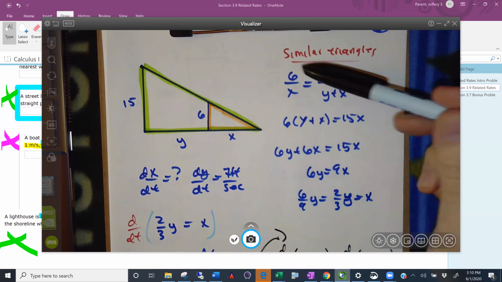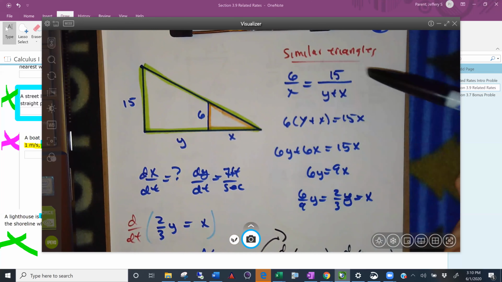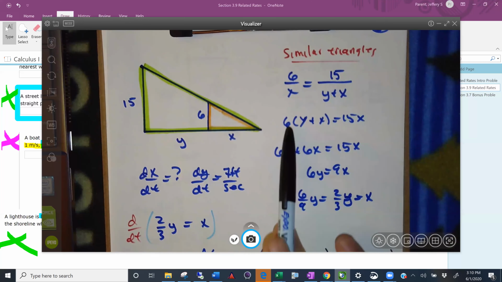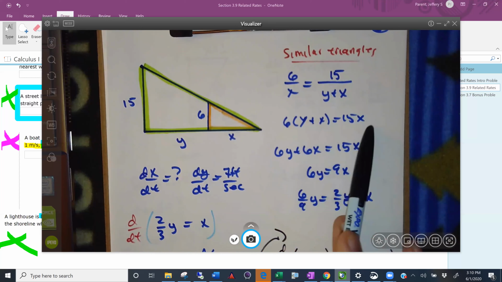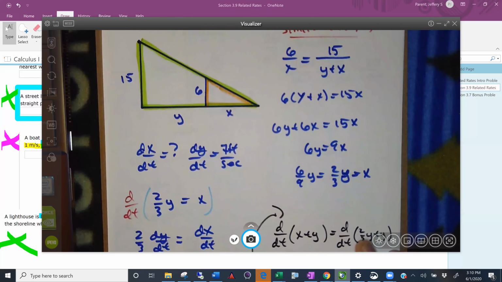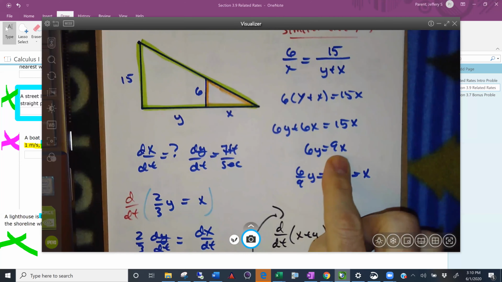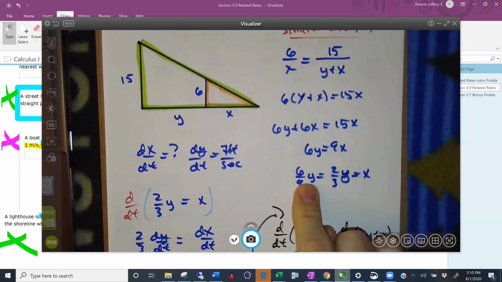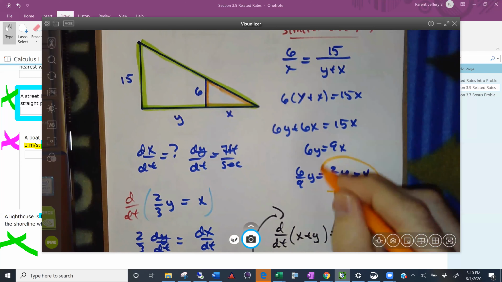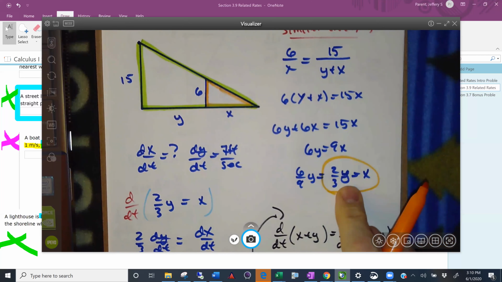But first I cross multiply with these two, and I get 6 times (y plus x) equals 15x. I'm going to solve for x in terms of y. So I'll divide both sides by 9 here and put that in lowest terms, and I get this nice expression here: x is 2/3 y.